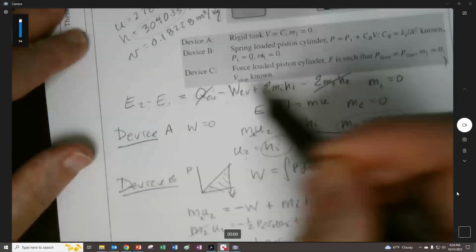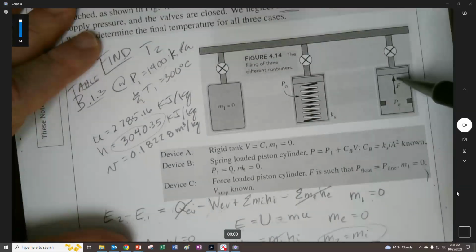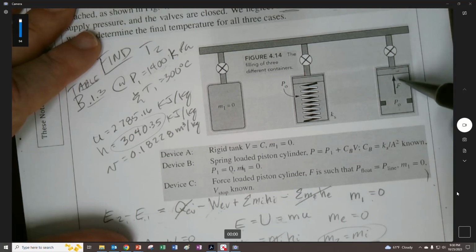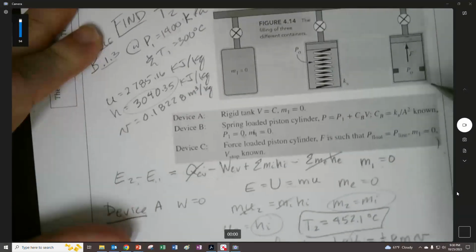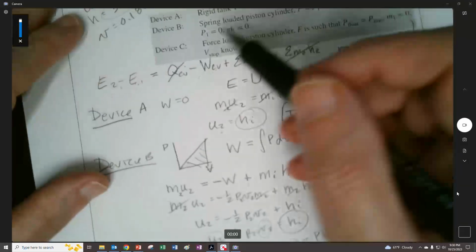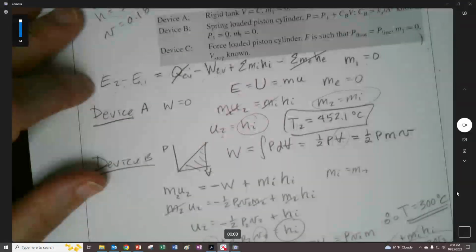Here is the equation we're using for a transient process. This is a transient process in which the force is going to make it so the pressure inside this cylinder is always equal to this. So it's a constant pressure all the way coming down to some volume, and they don't even bother telling you what that volume is. But when working through this equation right here, we already said E was going to be 0 because there's nothing inside the cylinder.